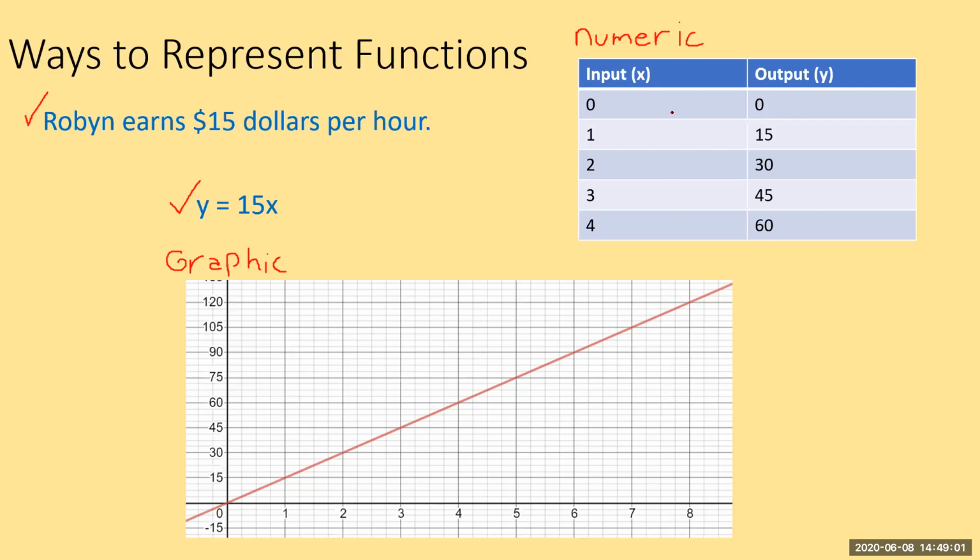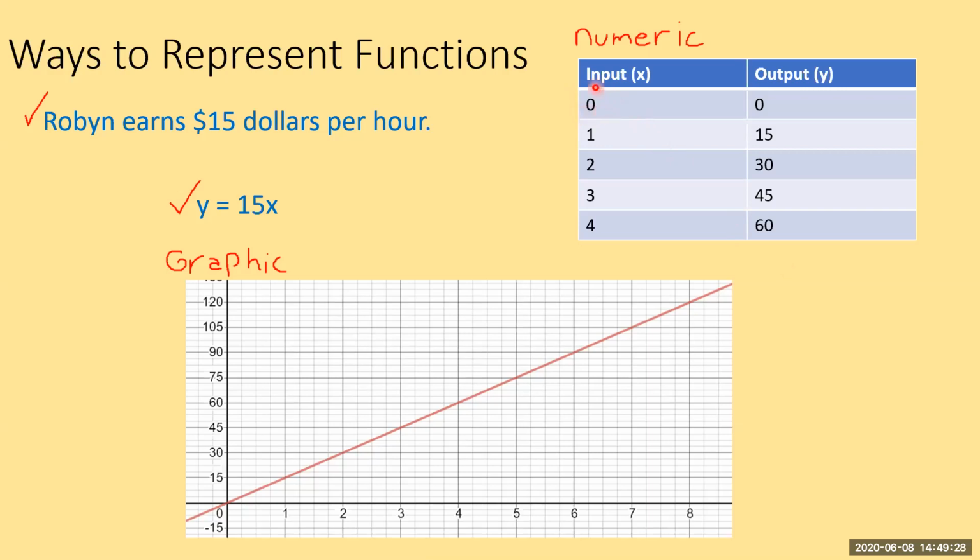So what I've done here is I have chosen just a few example values of how much time she may have put into her job. And then I'm showing the corresponding output value, so the corresponding amount of money that she would have earned for that time.